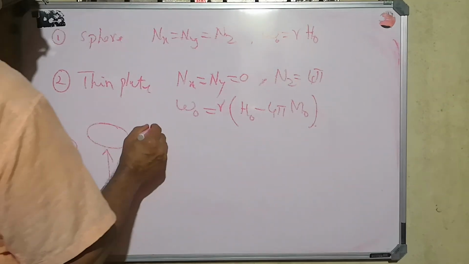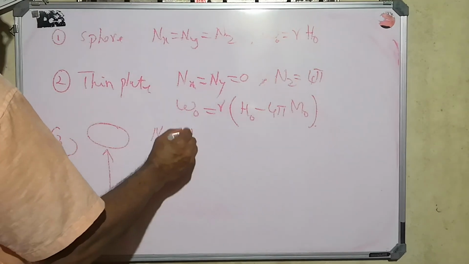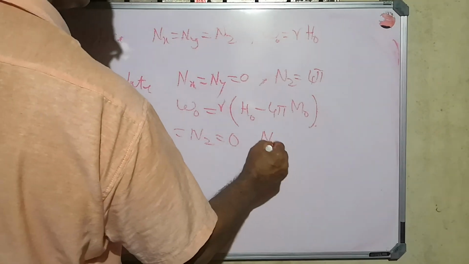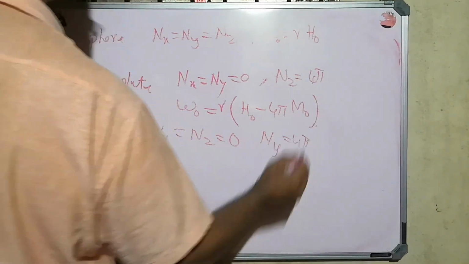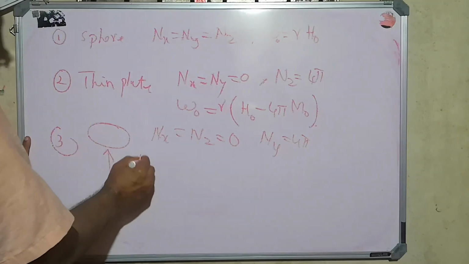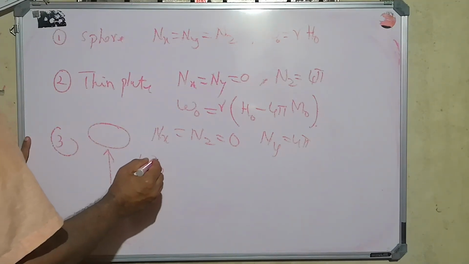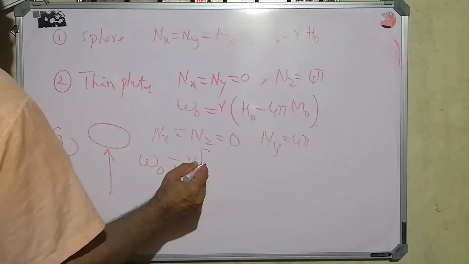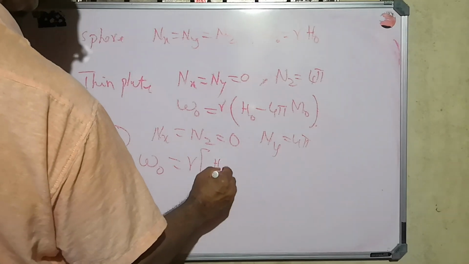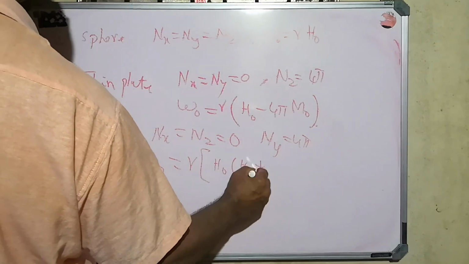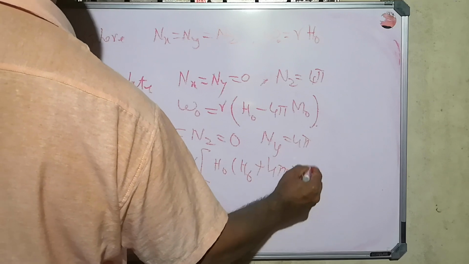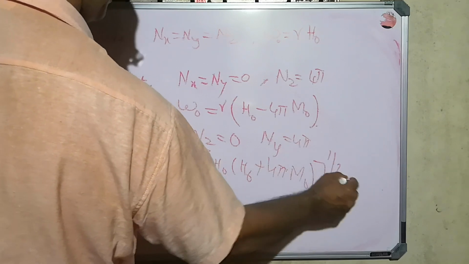Then it can be shown that nx is equal to nz is equal to 0 and ny is equal to 4 pi. So the resonant condition is omega naught is equal to gamma into h naught plus 4 pi m naught, to the power half.